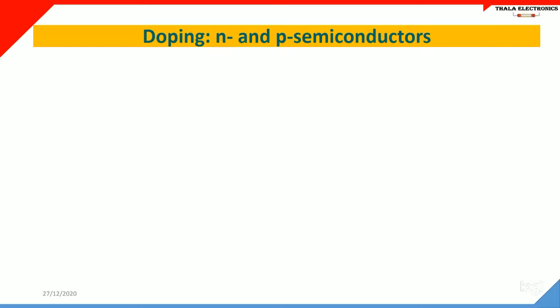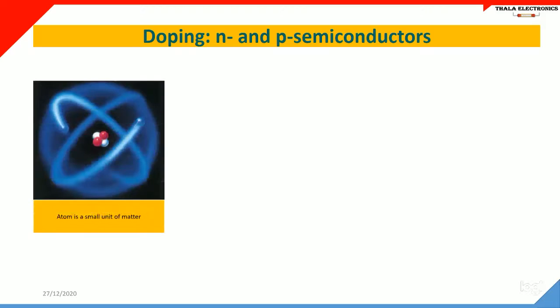Let's start with a short definition of the atom. The atom is a small element of matter on which we can find a nucleus and one or more electrons surrounding this nucleus. The electrons are placed on well-defined energy levels, and the number of electrons on each orbit is well determined.